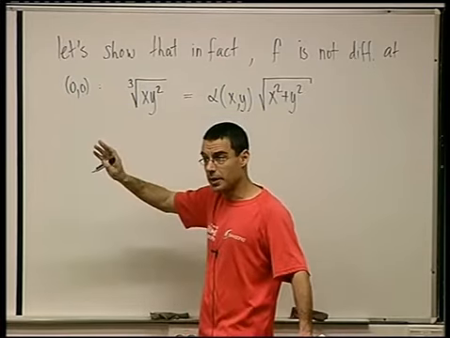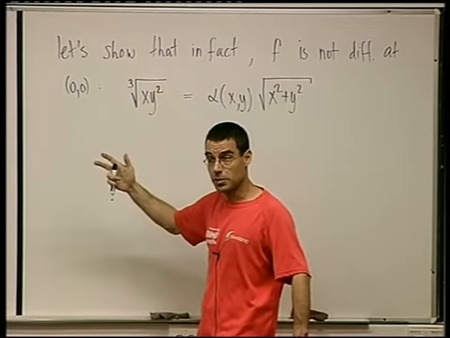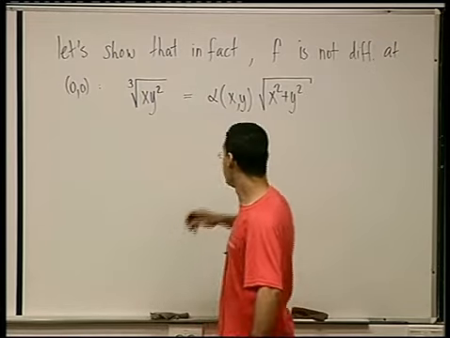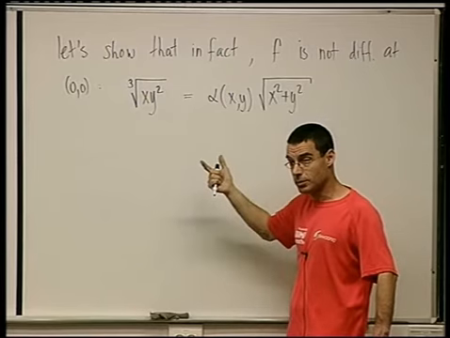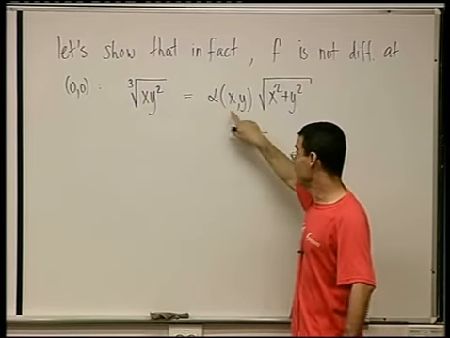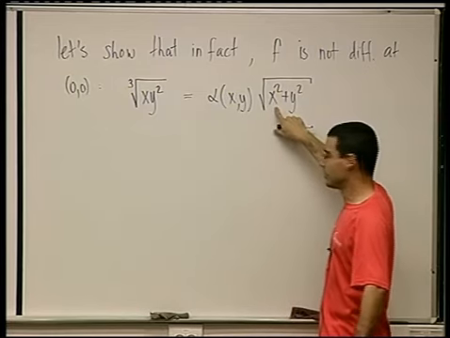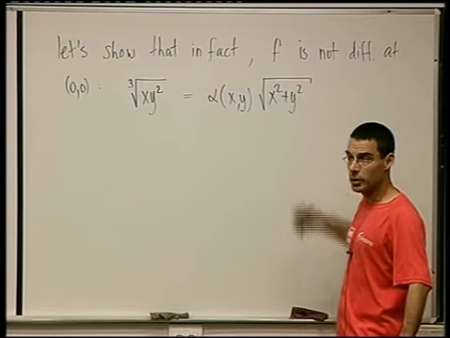That expression is gone. Plus b times k, but b is also 0. That's the partial with respect to y in the example. We calculated it. So that's also gone. Plus alpha of h,k. h is x minus x0, x0 is 0, so alpha of x,y. Good? Times the root of x minus x0 squared plus y minus y0 squared.